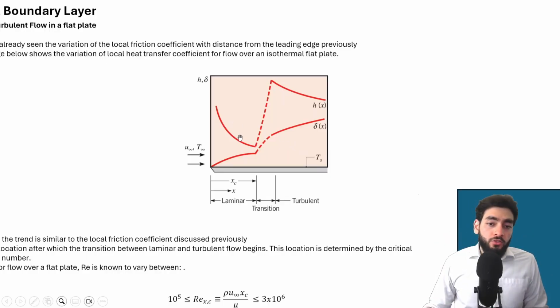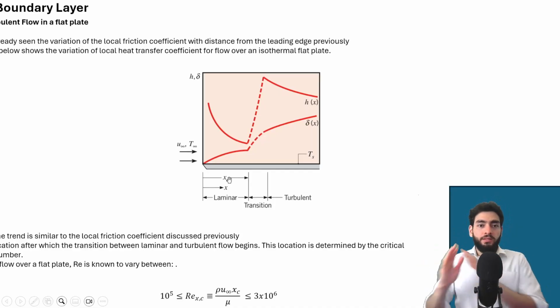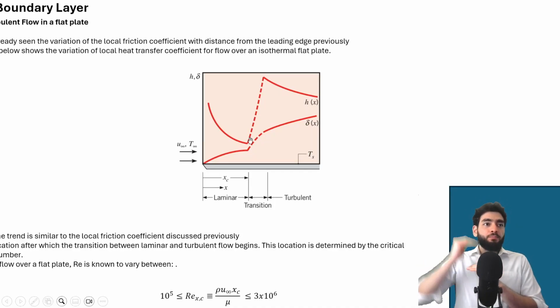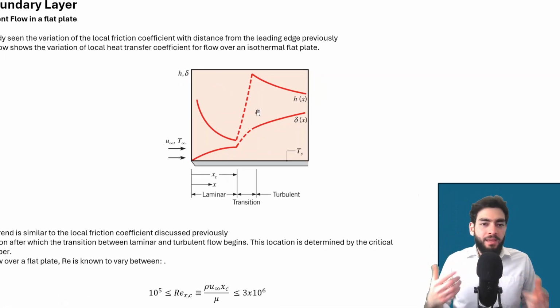And also I said that once you transition from laminar to turbulent, you have a spike in the coefficient, and that is mainly because of the turbulent mixing, which then produces a steep gradient.